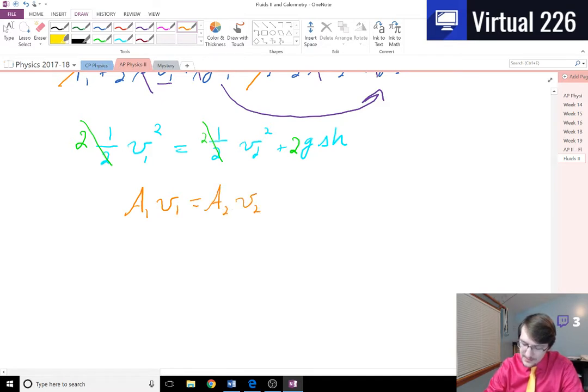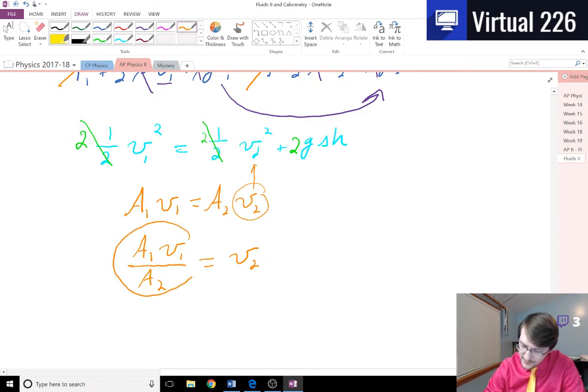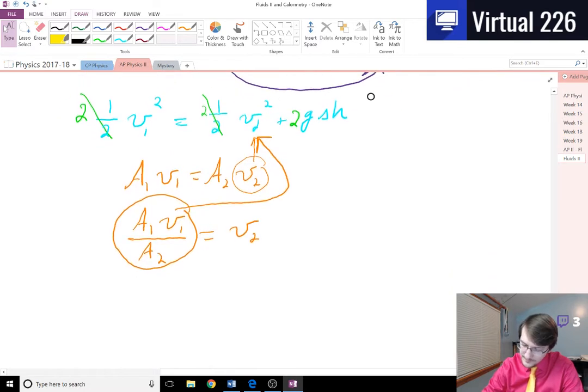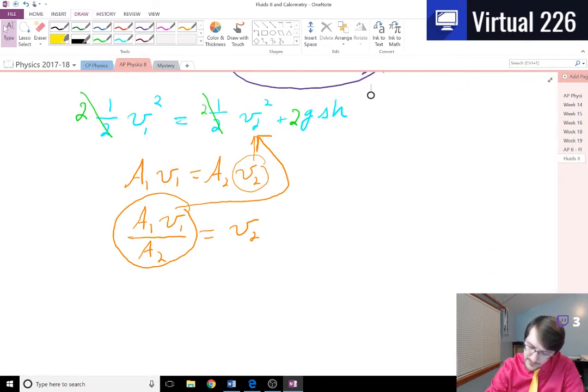And this means that if we solve for V2, we can substitute: A1 V1 over A2 equals V2. And this allows us to plug this quantity in here. This is also nice because this answer has A1 over A2s in it, which is what we're looking for.